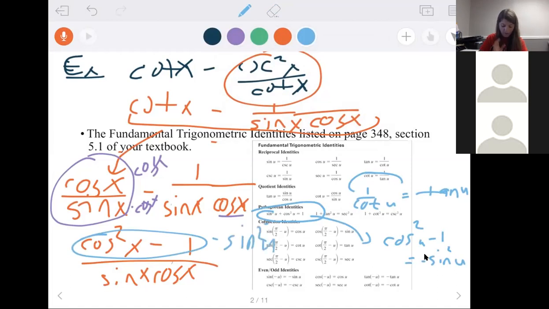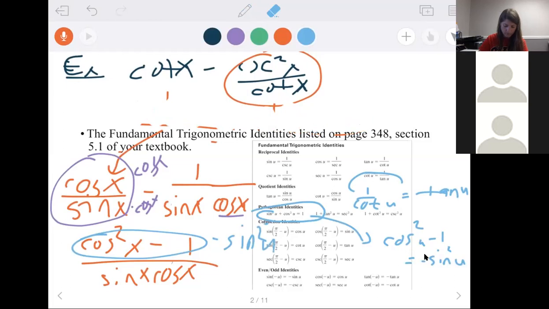Okay, so we're finally getting somewhere. Let's go ahead and do this part. I forgot to add in extra blank slides, and I don't want to lose what we had here, so let's just write it down up here. So now I have negative sine squared u.